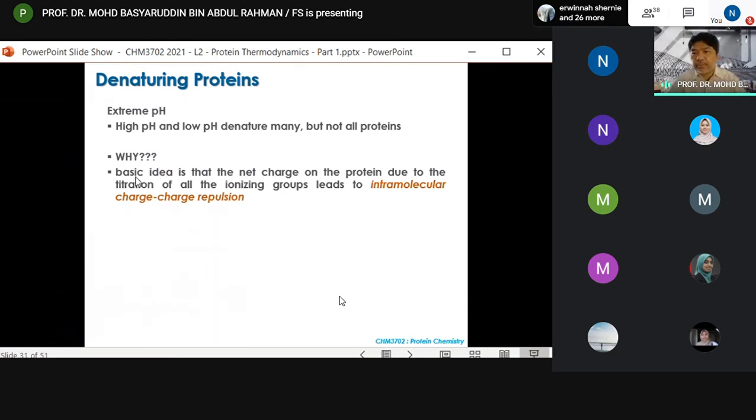So the basic idea is that the net charge on the protein, due to the titration of all the ionizing groups, leads to intramolecular charge repulsion.